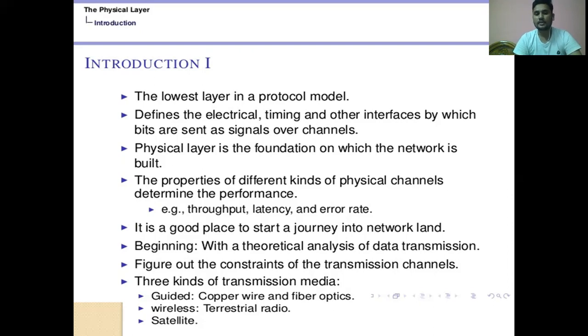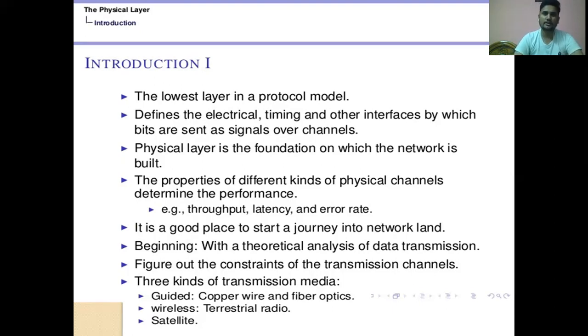Here in the physical layer, the beginning is with a theoretical analysis of data transmission. What we start with here is the theoretical analysis of data transmission, not a practical transmission. Practical transmission means, I think you guys all know, we are using cables and data has to be transmitted.